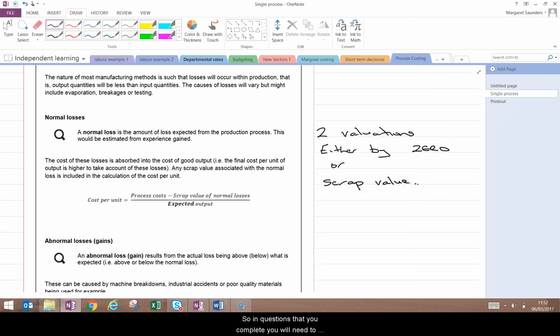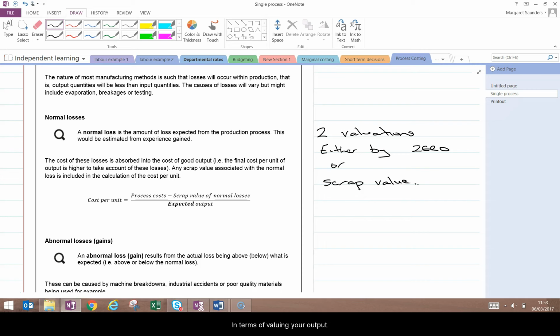So in questions that you complete, you will need to check and see if your losses have a scrap value. So just to repeat the valuation of normal loss, you will either value your normal loss at 0, or if it can be sold for scrap, you will value it at the scrap value.